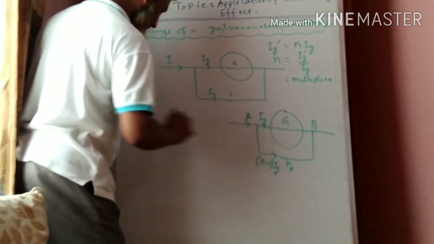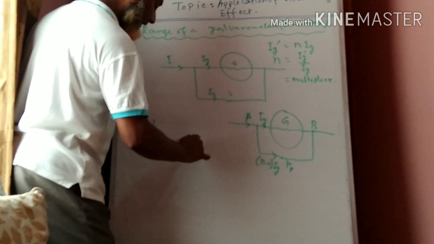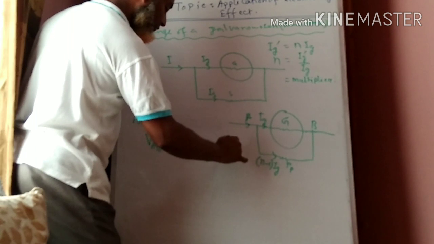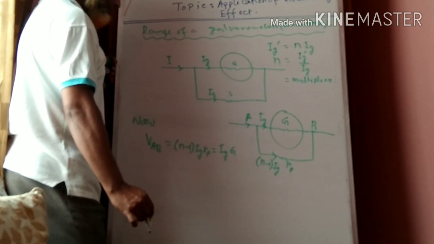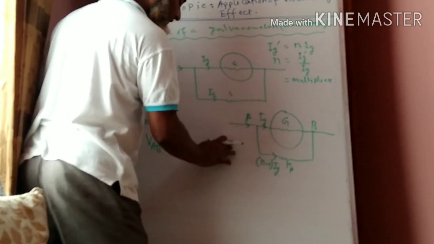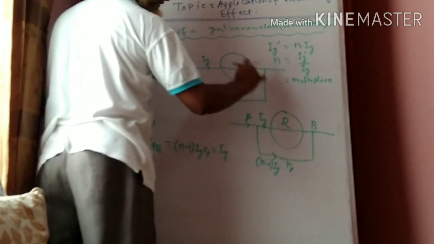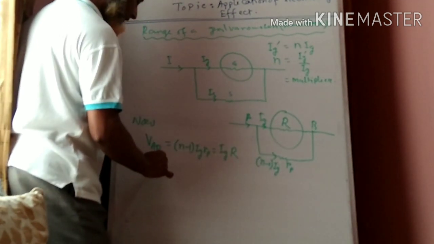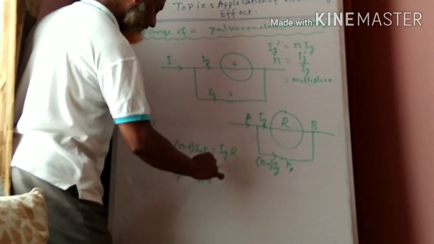So here the potential difference VAB equals (n minus 1) into Ig into Rp, which equals Ig into G. Here R is the new resistance of the galvanometer, including these two. That's why Rp is R by n minus 1.